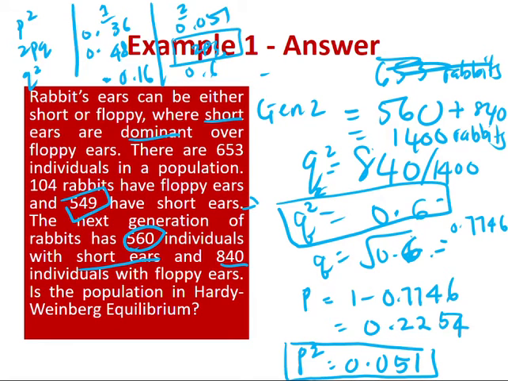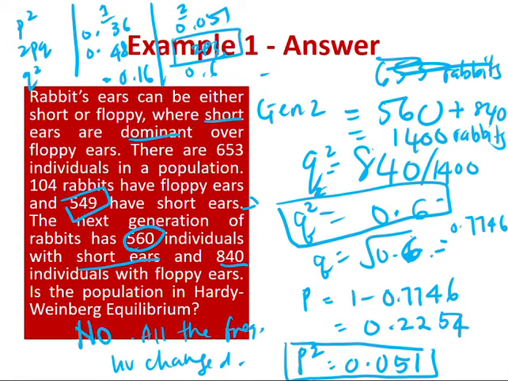So the answer to this question is no. The population is not in Hardy-Weinberg equilibrium because the genotype frequencies have changed. Basically, all the frequencies have changed.